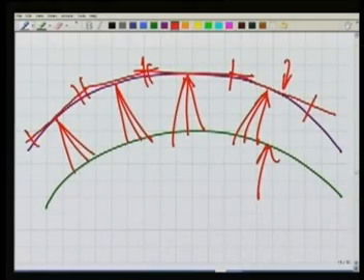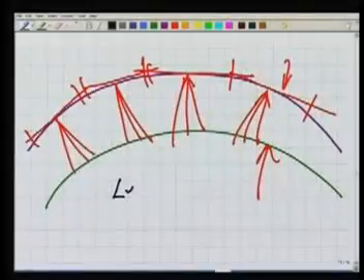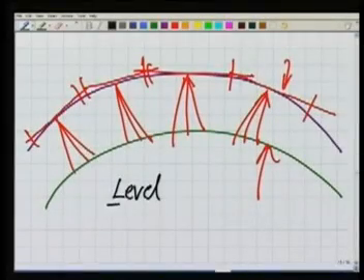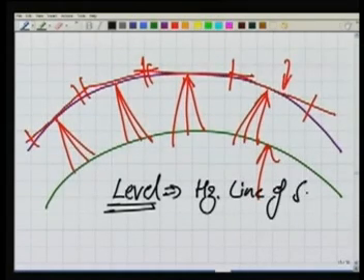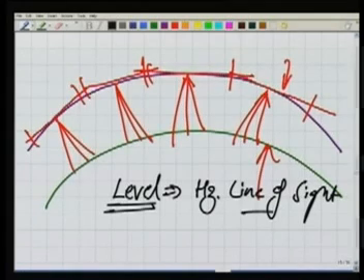So this is actually the principle of leveling, by which even if we are using a level which gives you a horizontal line of sight, still using this level we can determine the RLs of points from mean sea level.